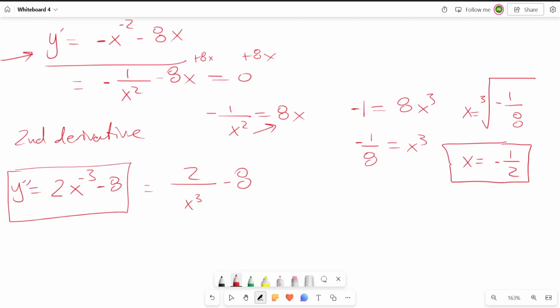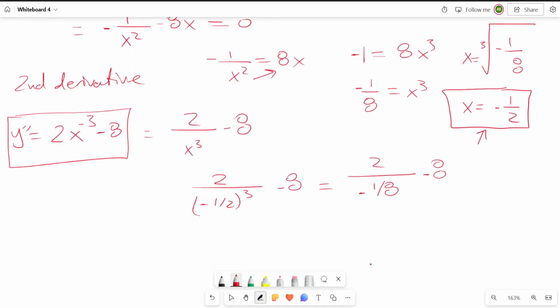Let's try and test our point over here. We will substitute the x coordinate of the turning point, which is negative half, into the second derivative. So it's going to be 2 over negative half all cubed, minus 8. This equals 2 over negative 1 over 8, distributing the power, minus 8.